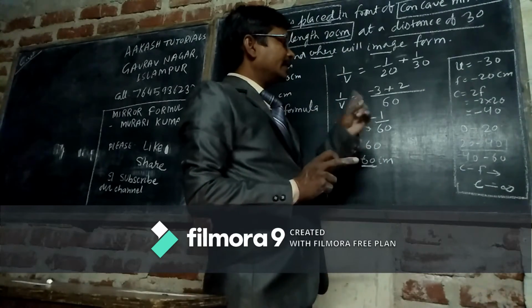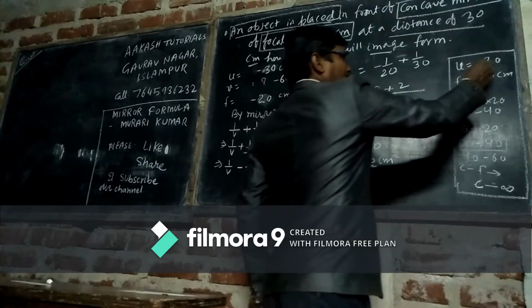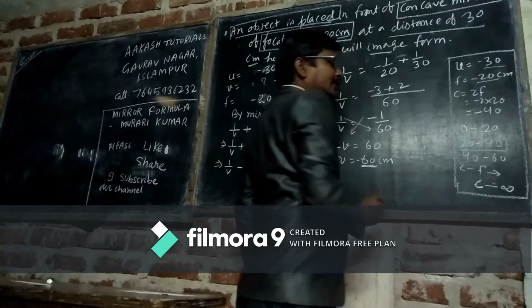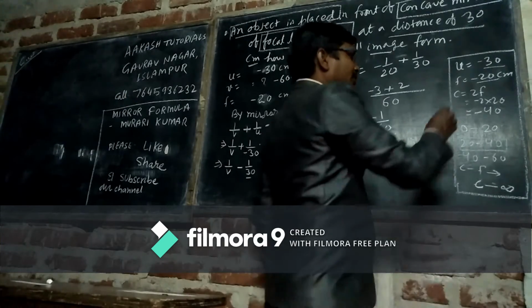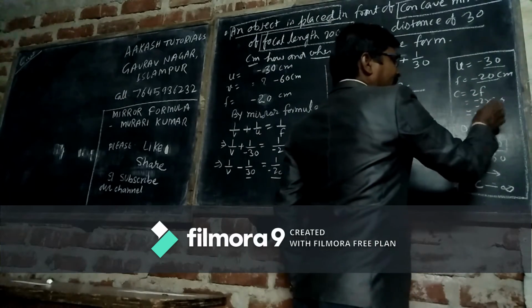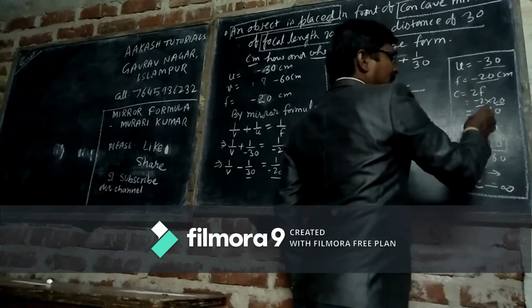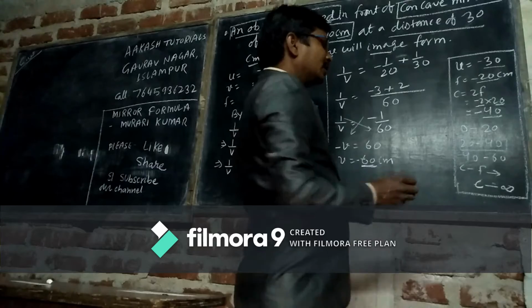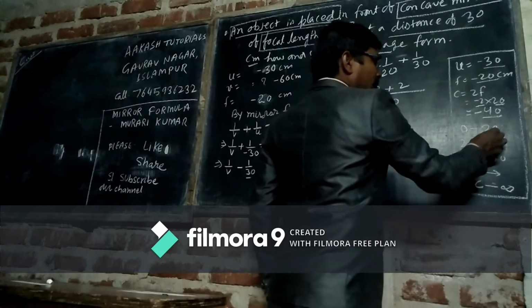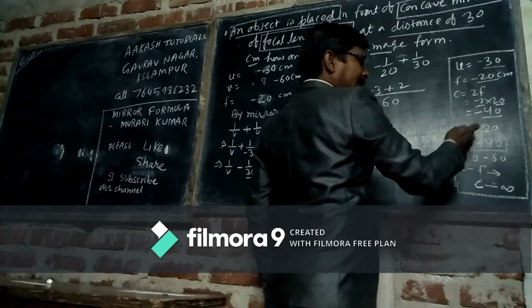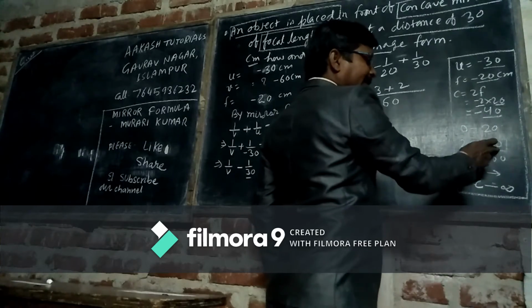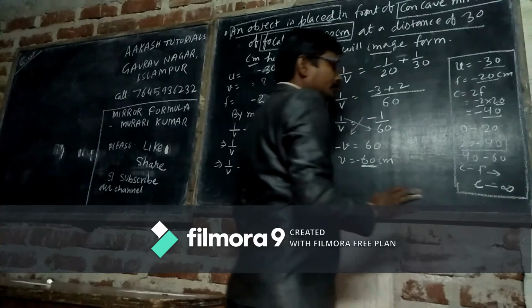Let us again recall. The value of u is 30 centimeter, F is 20 centimeter. Calculate C. C is equal to 2F, that is 2 into 20, so C is 40 centimeter. Now take the positions: 0 to 20 is between the mirror and the principal focus, then between the principal focus and C, and beyond.